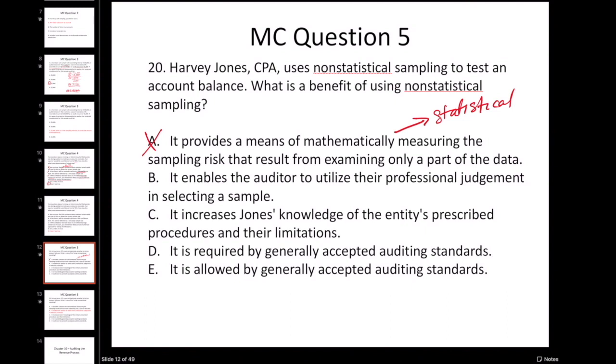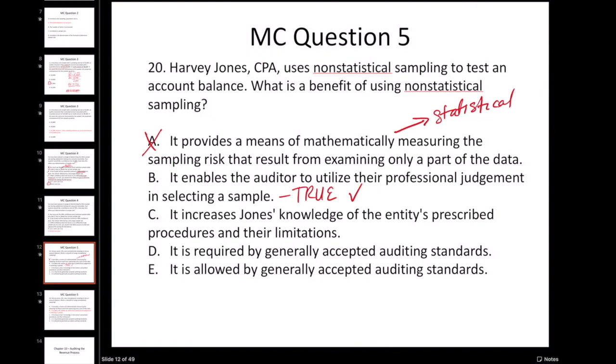B says it enables the auditor to utilize professional judgment in selecting a sample. This I know to be true for non-statistical sampling, so this is looking pretty good for my answer choice. C says it increases Jones's knowledge of the entity's prescribed procedures and their limitations. Okay, so this may be true of any sample, right?